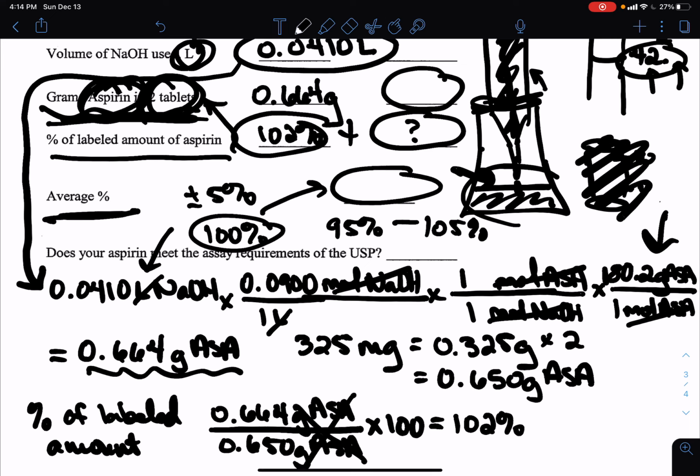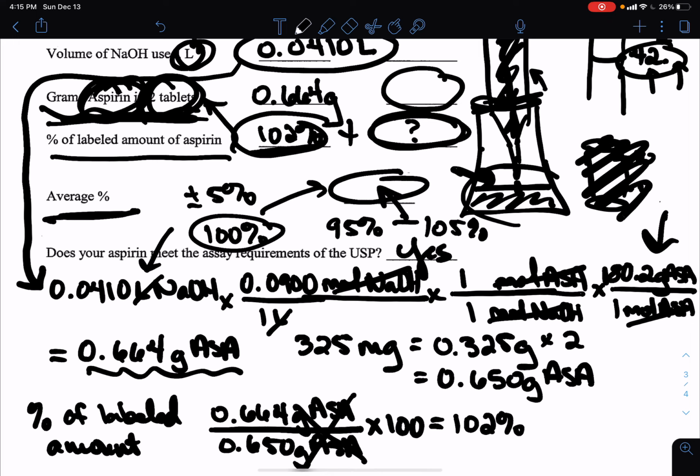So if you're in that range right there, then you would put yes. So if I got 102 and then I got something very similar for this one and averaged out to somewhere between 95% and, oops, wait. Yes doesn't go there. Yes goes here if you have 95% to 105%. Okay, so that's how this lab works.